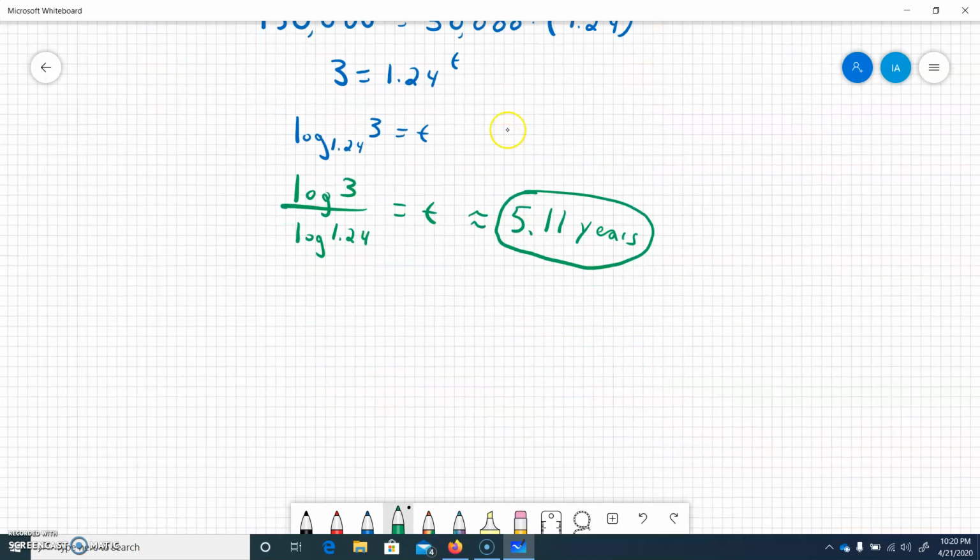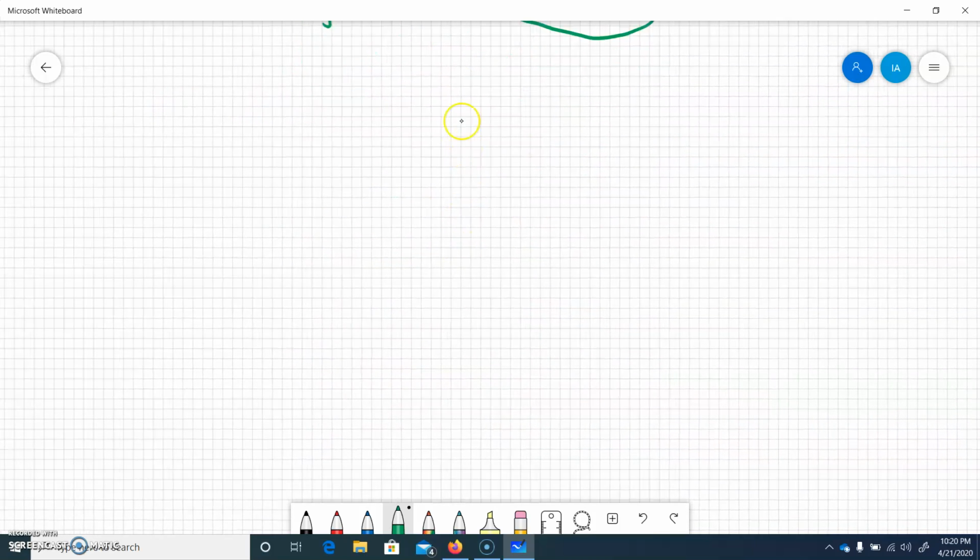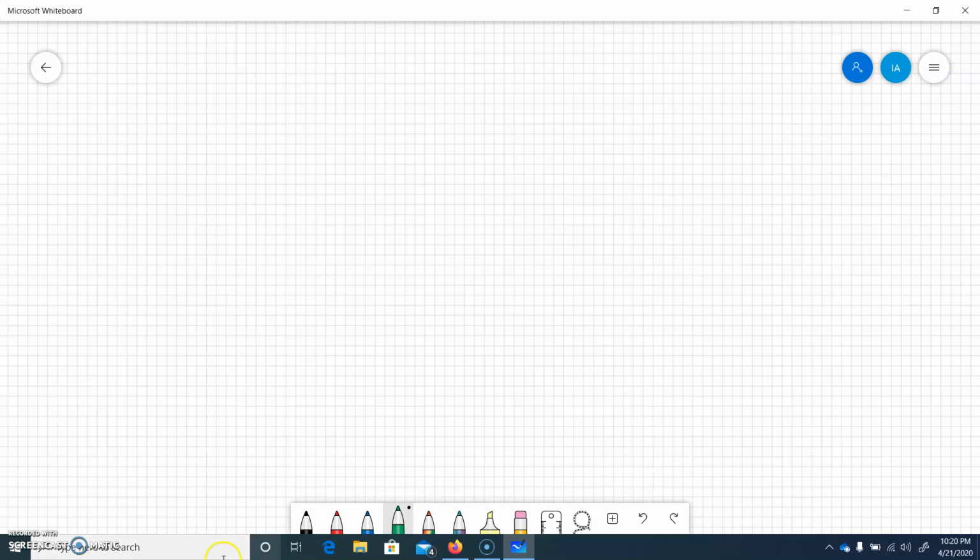So let's do a second example, and let's do it with decay. And you remember when we do the growth and decay, I'll just stick with decay because that makes more sense for what we're doing.